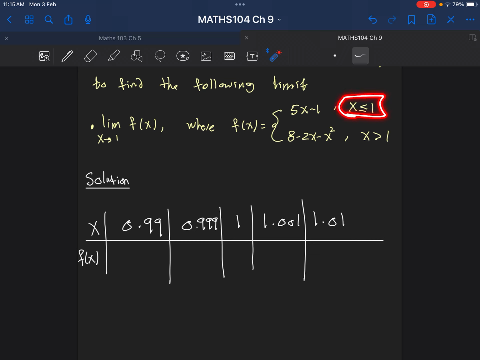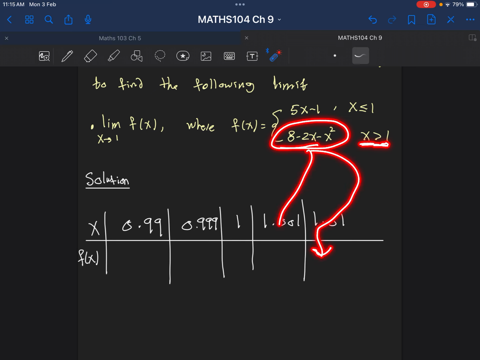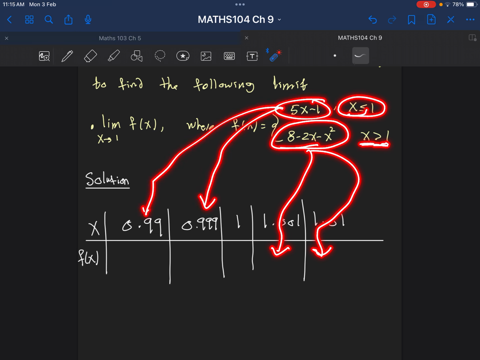However, my function has 2 options. If the number is greater than 1, you will need to use the second part, and you write the answer here. If the number x is less than 1, you need to use this part.